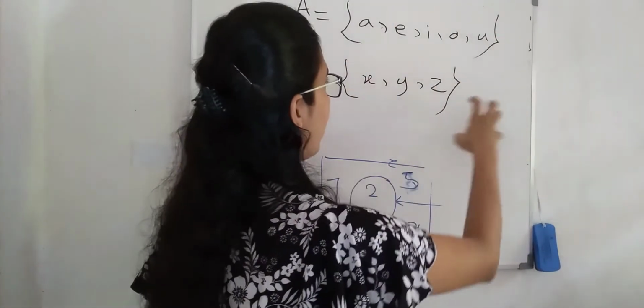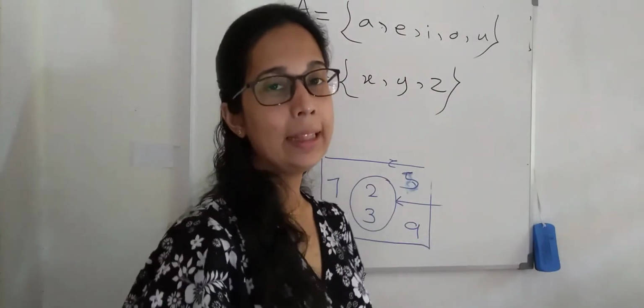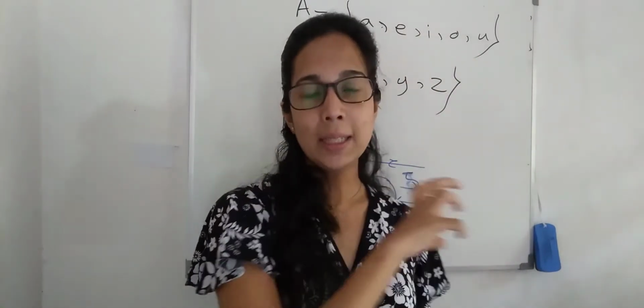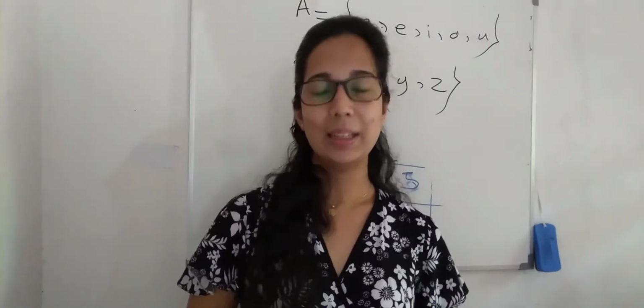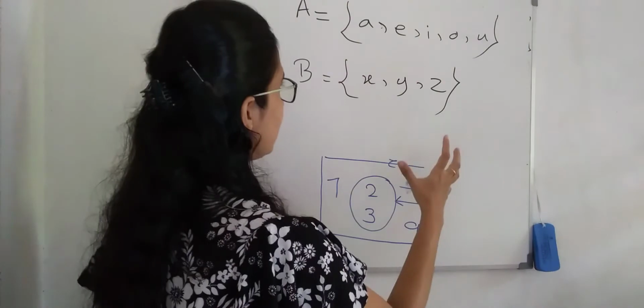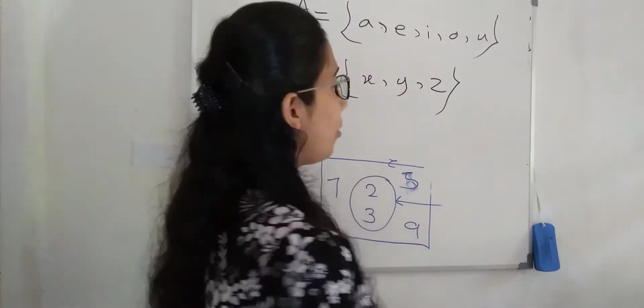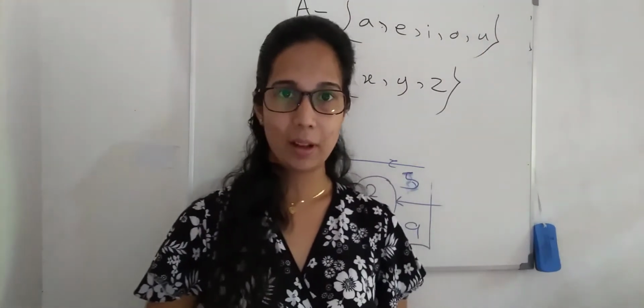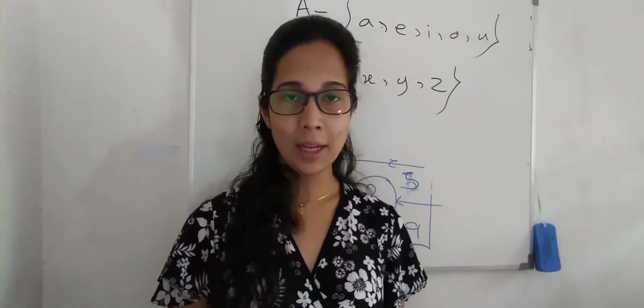Are there any common elements? No, there are no elements in common, isn't it? Yes. So, in this case, how to represent these both subsets of a universal set?